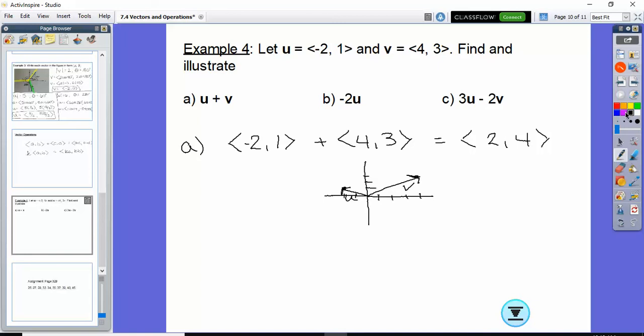And then when I did U plus V, I got 2, 4. So that's the U plus V vector, which kind of makes sense from the picture. It's in between them when you add those together.